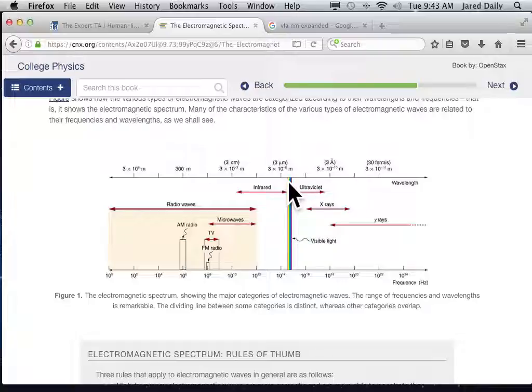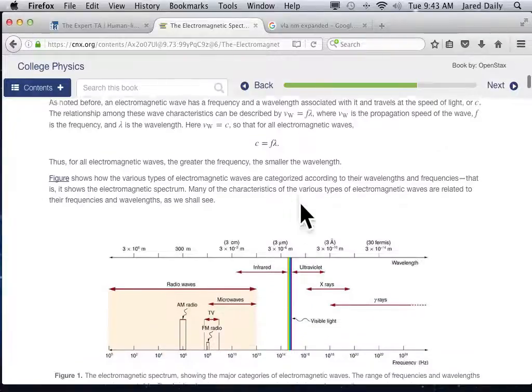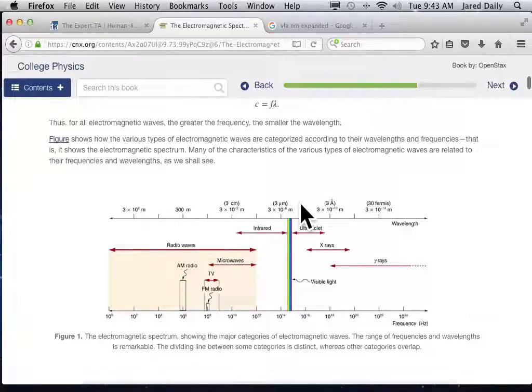If you make shorter waves than that, then your wavelength decreases, this is decreasing wavelength, and your frequency increases. That's because the speed of light is directly related to the frequency and the wavelength multiplied together. So if your frequency goes up, your wavelength has to go down, because the speed of light stays constant.